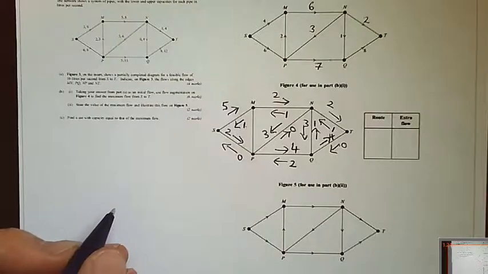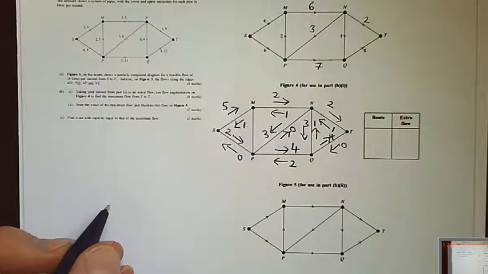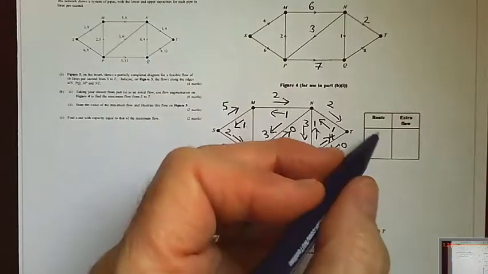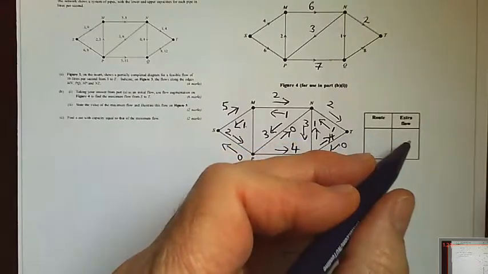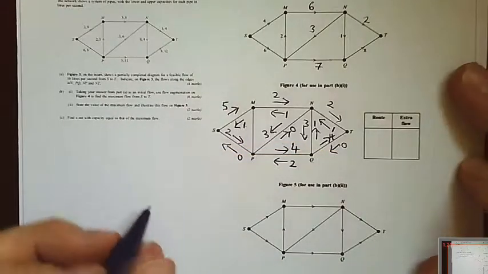What we now want to do is use flow augmentation to try and find some augmenting routes to add to the flow of 10.